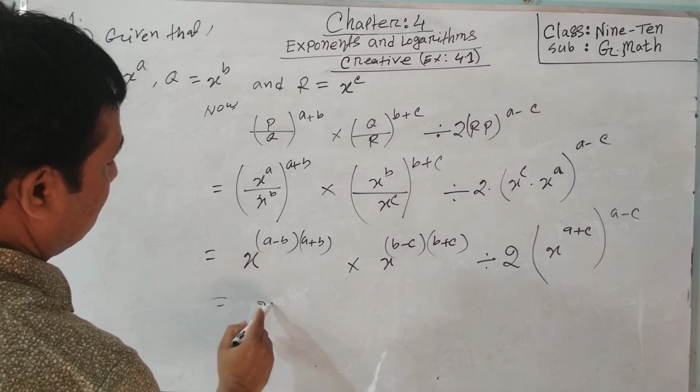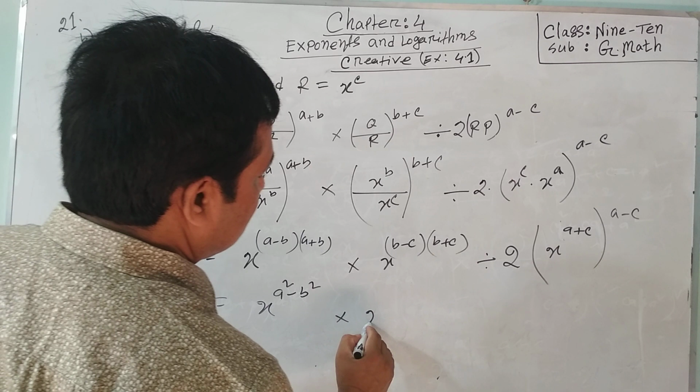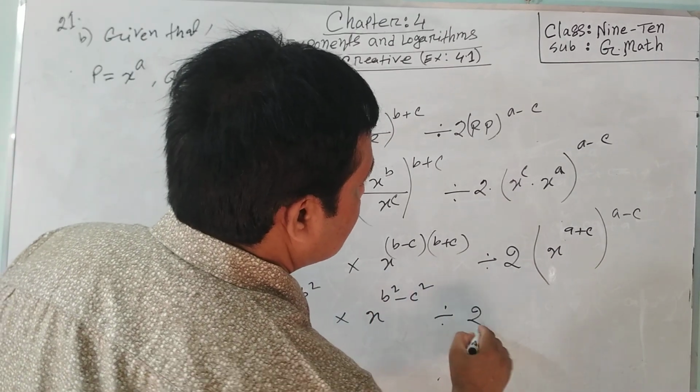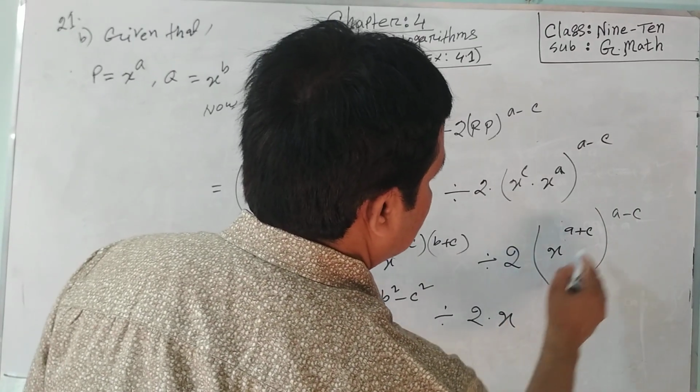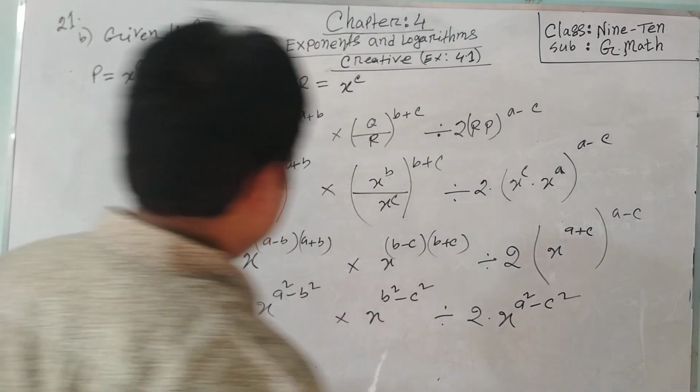Here x to the power a plus b into a minus b, a square minus b square, into x to the power b square minus c square, division 2 into x to the power a plus c into a minus c, a square minus c square.